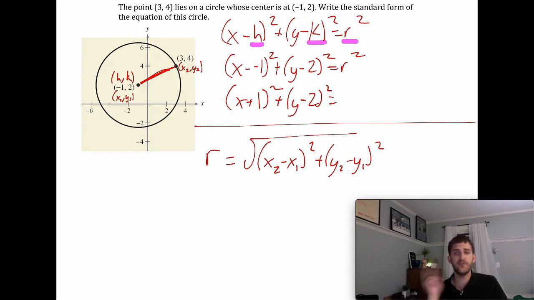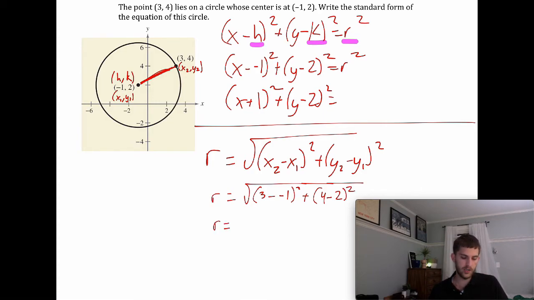Again, it doesn't matter if you flip those around, because you're going to square those values anyway. So we have r equals the square root of x2, which is 3, minus -1, squared, plus y2, which we said was 4, minus y1, so 2 squared.